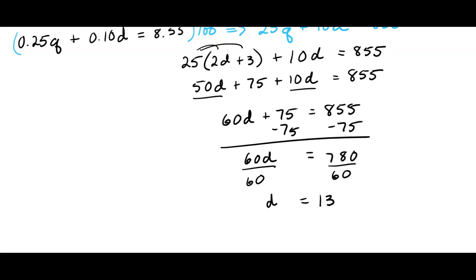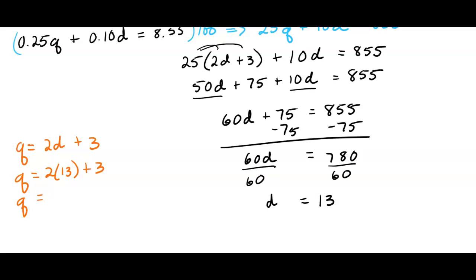Now, how many quarters is she going to have? Well, way back at the beginning, there was an equation that said the number of quarters she has is 3 more than twice the number of dimes. So we had that equation. So I'm going to put in for the D now a 13. I just figured out D was 13.